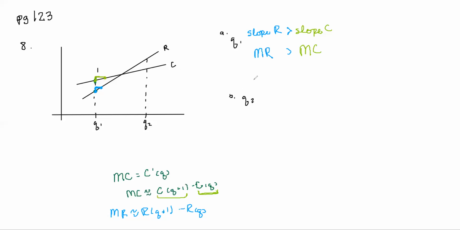Because these are lines, the slope isn't changing, so the slope of R is still going to be greater than the slope of C. So still, if we go to Q2 plus 1, we're getting more revenue, so our marginal revenue is greater than the cost of doing so. Yes, exactly. Ralph has it. Okay.